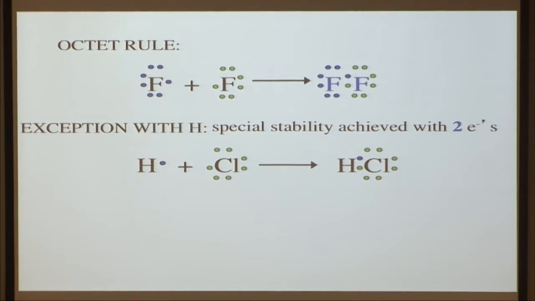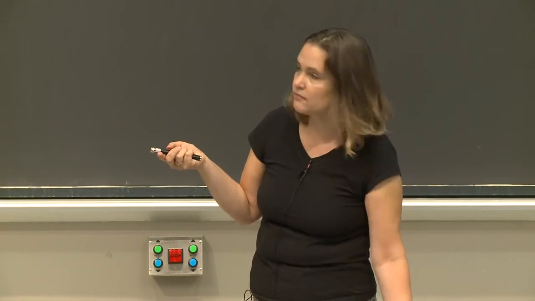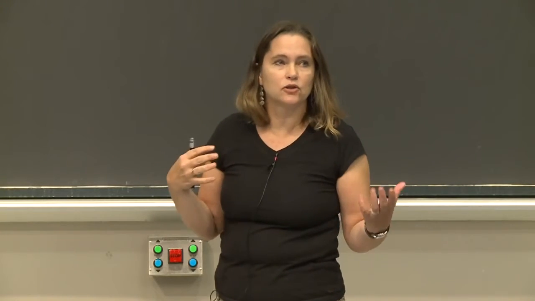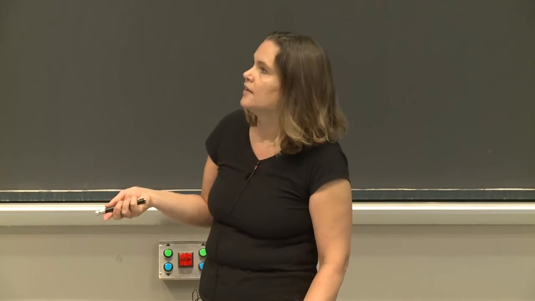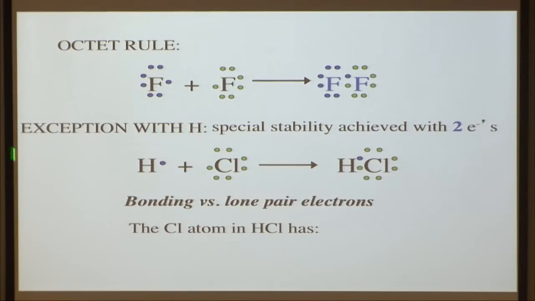And here, hydrogen with its 1 valence electron is interacting with chlorine with its 7 valence electrons, and they are sharing 2 electrons, forming a bond together. When we're talking about Lewis structures, we're talking about different kinds of electrons: bonding electrons, the electrons that are involved in the bond, and also lone pair electrons.